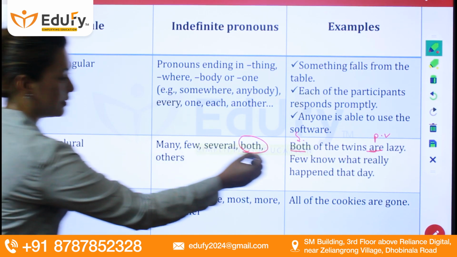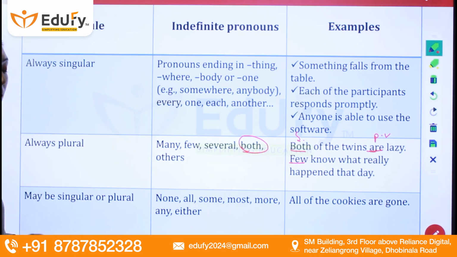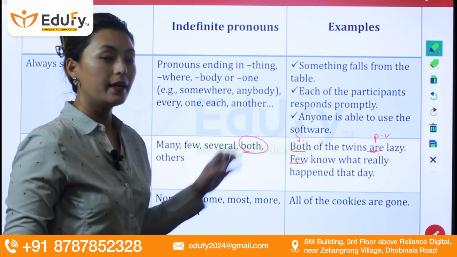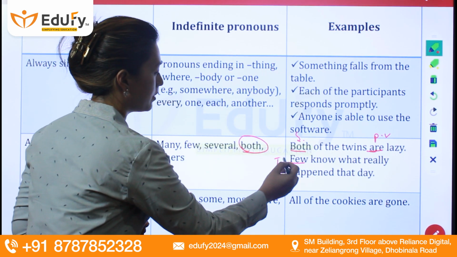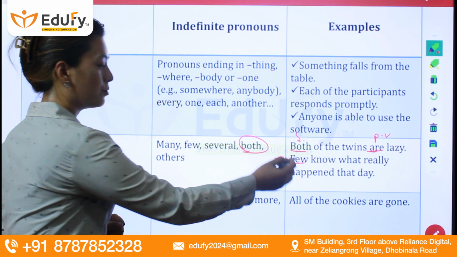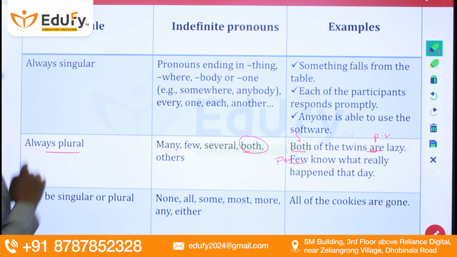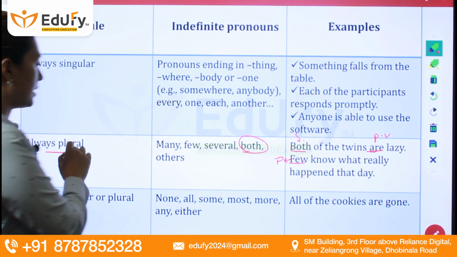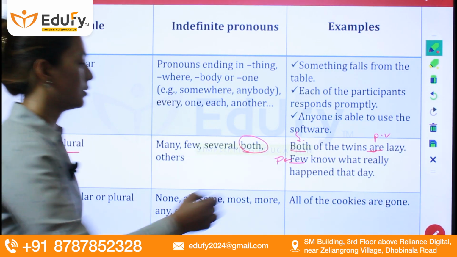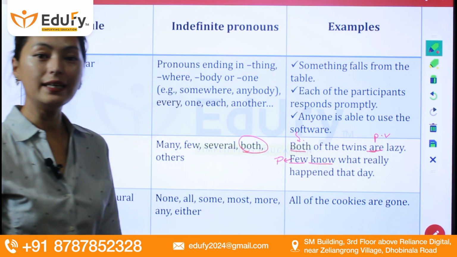So again, let's look at the next one. Few know what really happened that day. In this sentence, we have the indefinite pronoun few, which can be considered plural again. That means, what is the verb that I'll use? Few know what really happened.